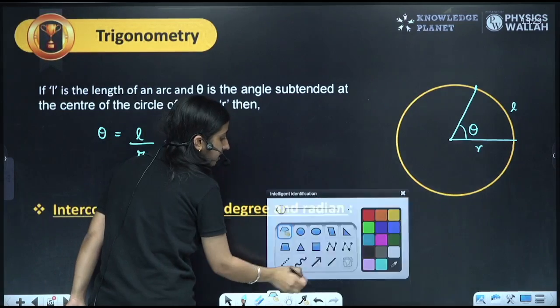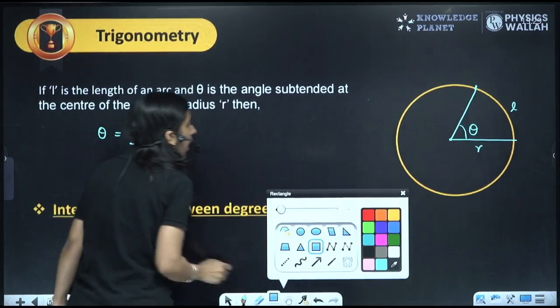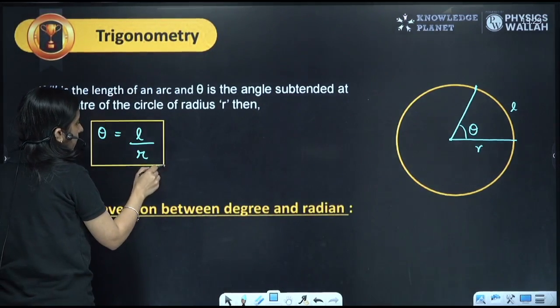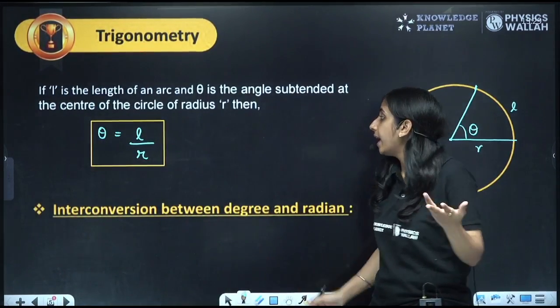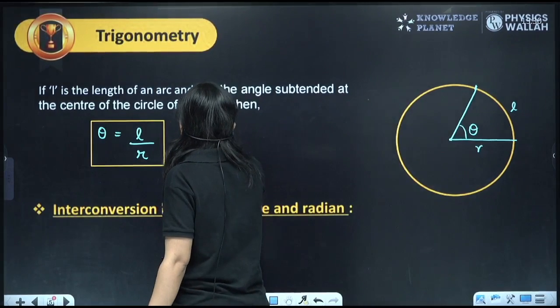Theta is the ratio of arc to radius, and this theta we will get in radians.